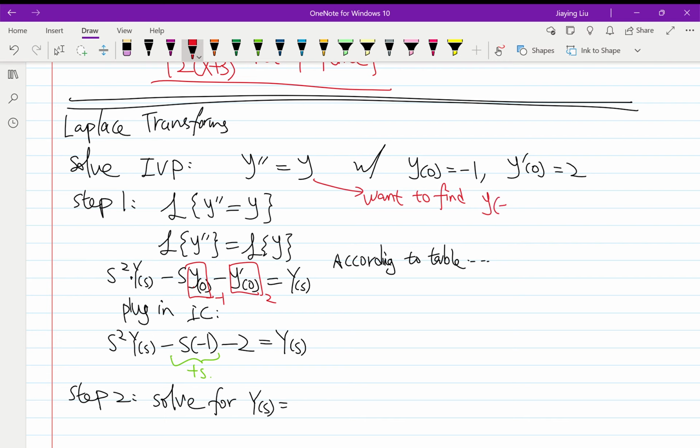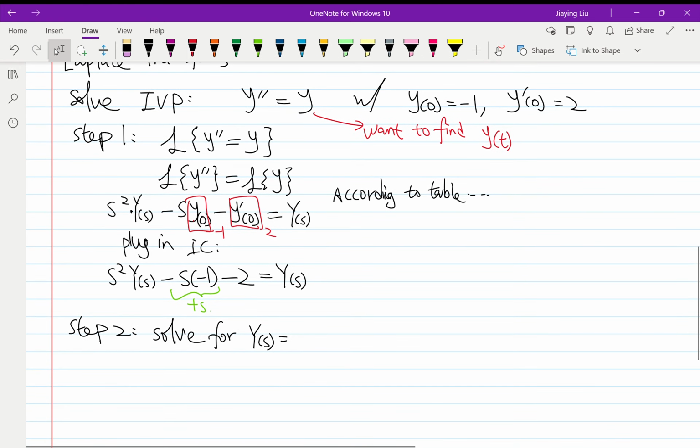So we want to find lowercase y of t, or maybe y of x. That's what we want to find. But once we convert it into Laplace transform, we're not going to have y of t, so that's why we end up with Y of s, which is the Laplace transform of y of t.